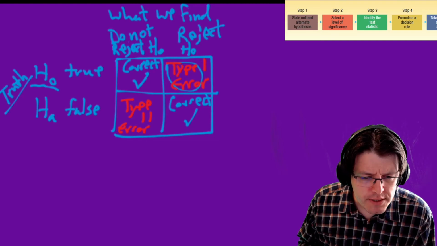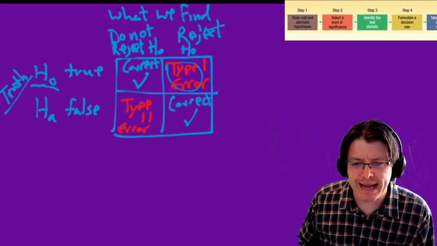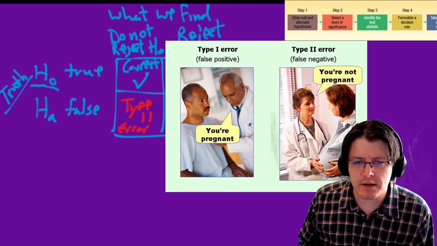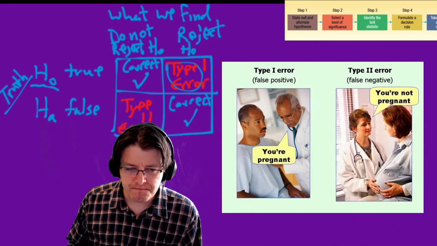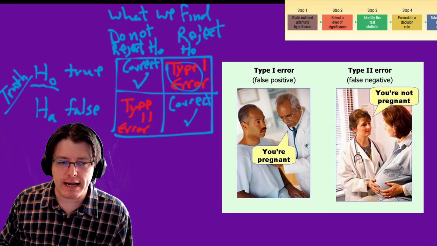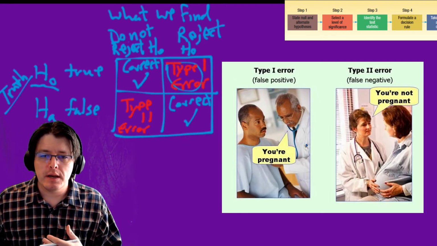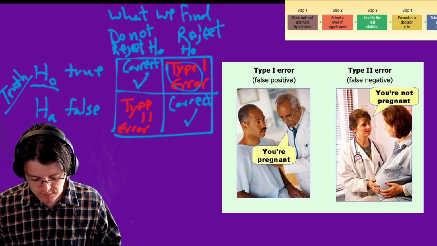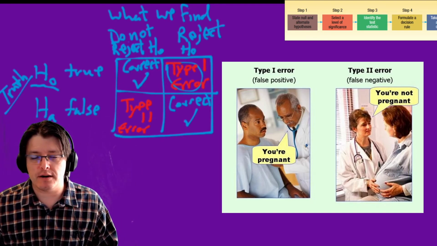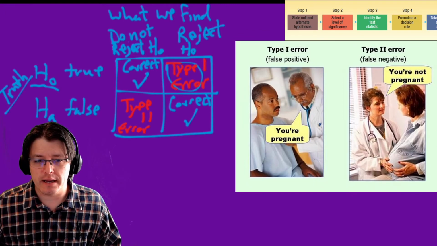And so I'm going to try to pull this up as another way to think about what we're doing here. So, kind of a silly example, but let's formalize our null and alternative here.